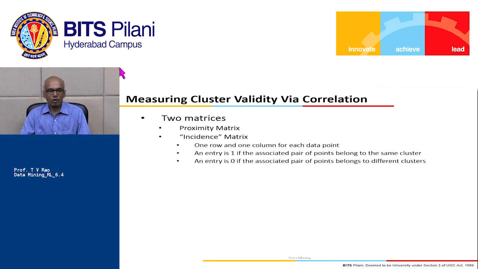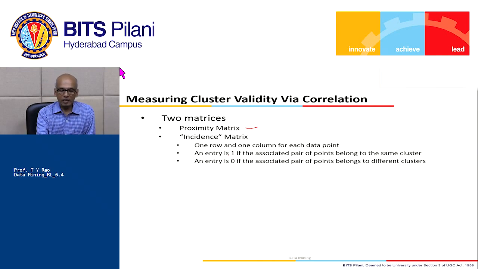Sometimes we may want to go with matrices to know whether we have done a good job with clustering. Let's say we created a proximity matrix, which is an n by n matrix. We have n data points, and we find the proximity of these points to every other point. Then we create an incidence matrix, which is built after the clustering is done.